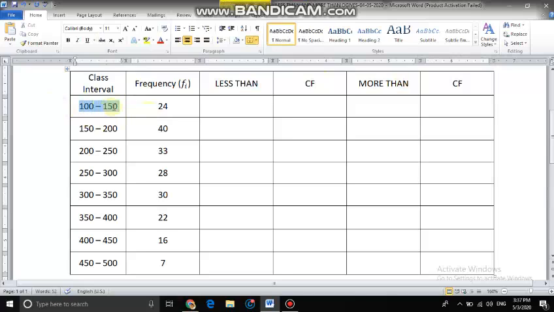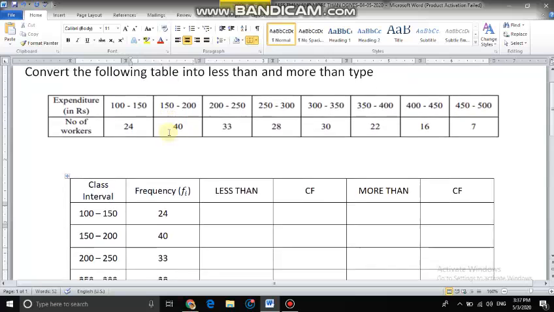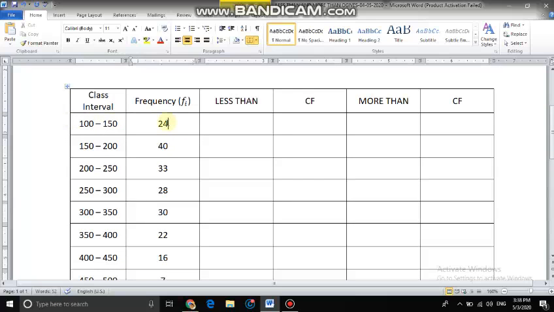For example, 100 to 150: there are 24 persons who are spending between 100 and 150 rupees. Sorry, expenditure is given. And 150 to 200 rupees, there are 40 persons spending that amount. Maybe it is per day or per month, it's not mentioned in the question.